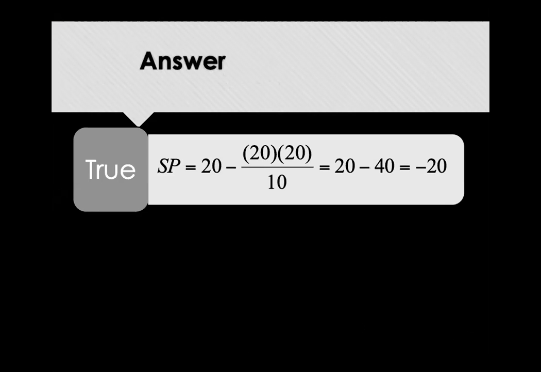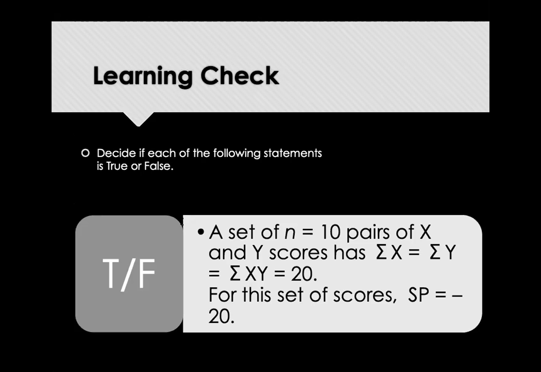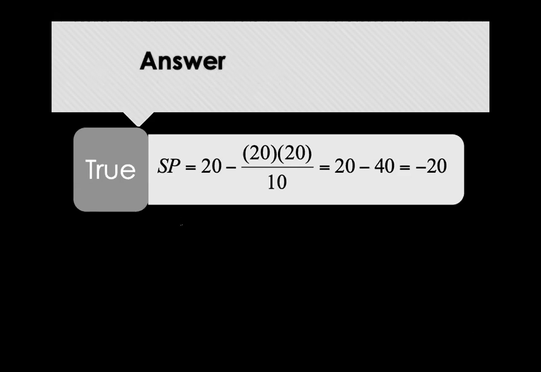And that answer is true. Sorry, I probably should have given you more of a break there to compute it on your own. That's just plugging numbers into our formula for the sum of products. So go back to your formula, plug in the numbers that are given in this question, and you should come up with the easy answer here, -20.